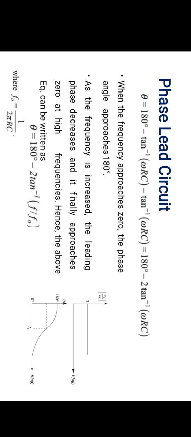As the frequency is increased, the leading phase decreases and it finally approaches 0 at high frequencies. Hence, the above equation can be written as theta equal to 180 degree minus 2 tan inverse f by f0, where f0 equal to 1 by 2 pi RC.